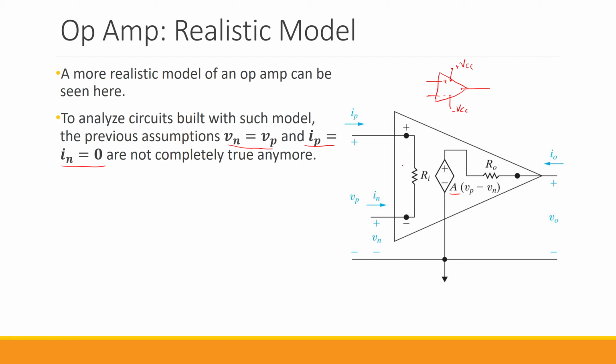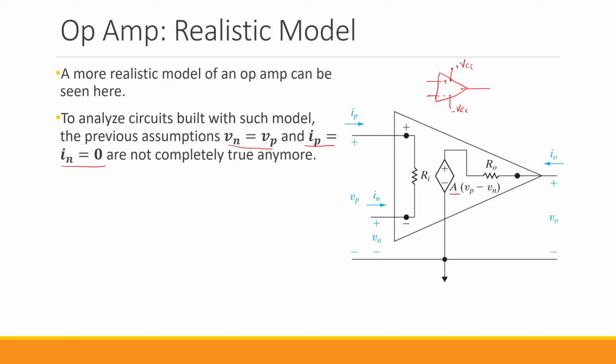On the other hand, this Ri, the input resistance, we assume to be very, very large, in the orders of mega ohms. But even if it is in the orders of mega ohms, that doesn't make Ip and In completely zero. It is zero only when it is infinite, or if these two are open circuit, which is usually not the case.